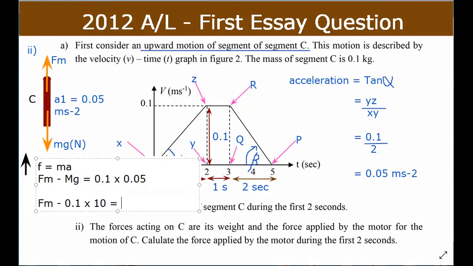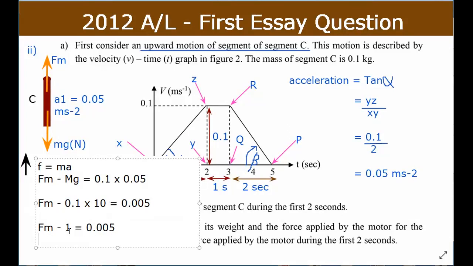If you multiply 0.1 into 0.05, another decimal place will be added because of this 0.1. One more decimal point will be added and the final answer will be 0.005. So Fm equals Fm minus 0.1 into 10. 0.1 into 10 is 1. So Fm minus 1 equals 0.005.